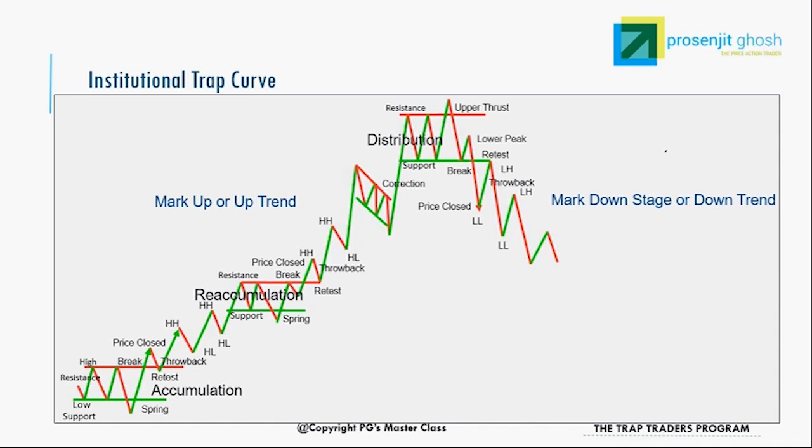Okay. So then price starts moving in a sideways manner. Again, price starts to move up, but a lot of sell orders are being put here. It failed to move out and came down. So upper thrust got created. Price created a lower peak and the breakdown happened. Sometimes there is no lower peak. Okay, remember this. Sometimes there is no lower peak.